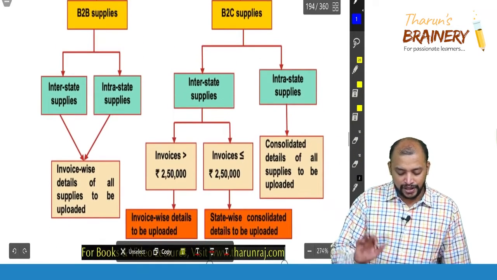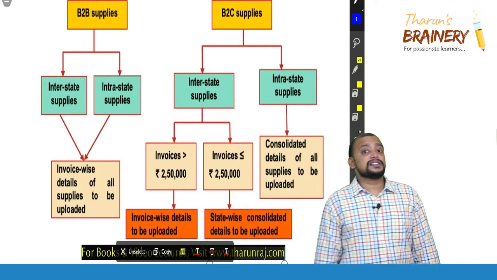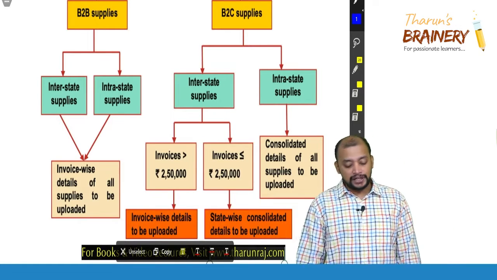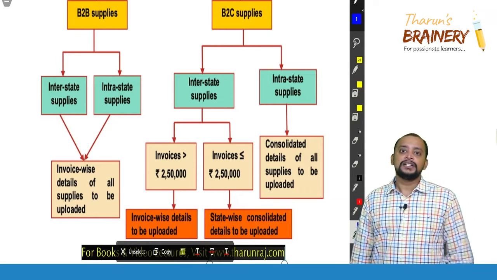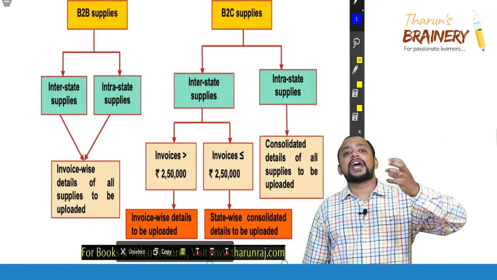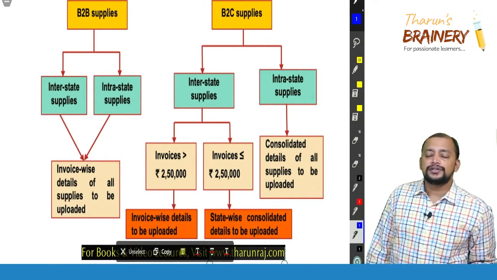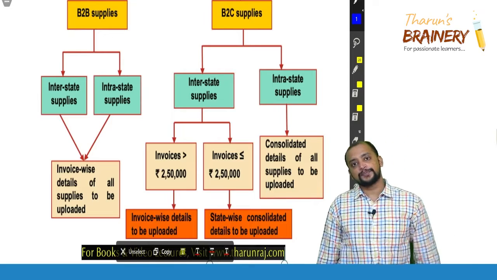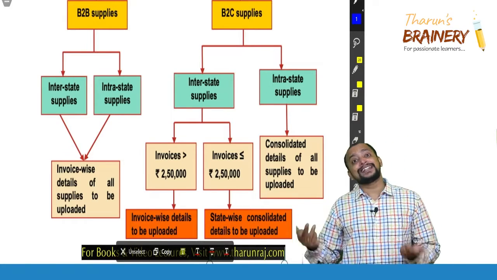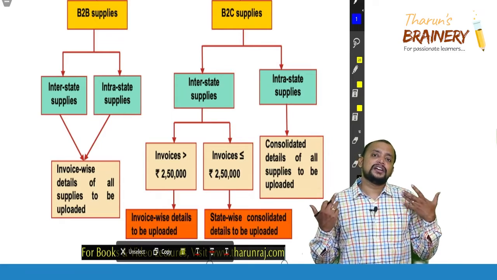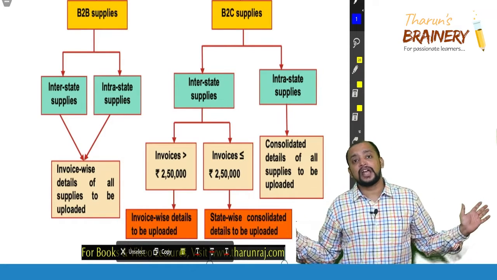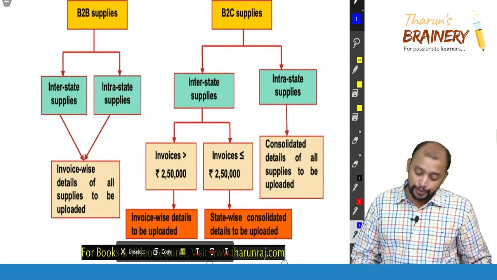If the value of the invoice does not exceed 2,50,000, then state wise consolidation needs to be done, because we need to distribute the IGST revenue to that state. So state wise consolidation is required. What if it is B2C intra-state, within the state? In that case, you don't have to do any reporting separately. You can consolidate entirely and put it.